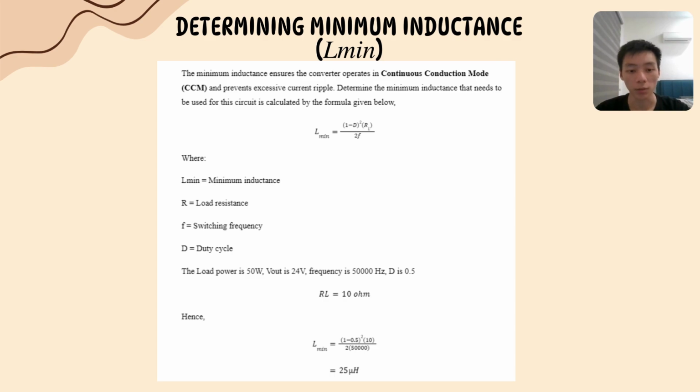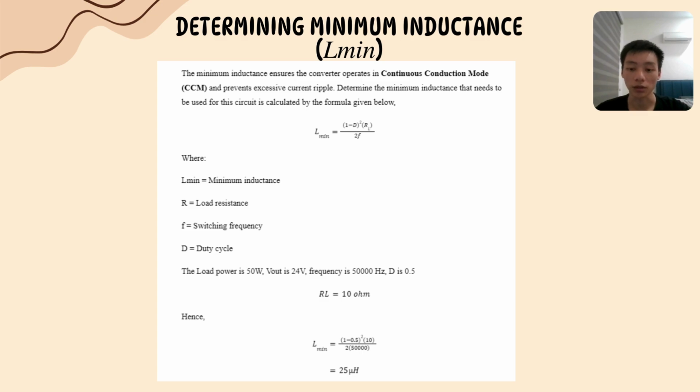Next is to determine the minimum inductance. The minimum inductance ensures the converter operates in continuous conduction mode and avoids excessive current ripple. The minimum inductance needed for this circuit is calculated by this formula: minimum inductance is equal to (1 minus duty cycle) squared multiplied by the load resistance, divided by 2F.